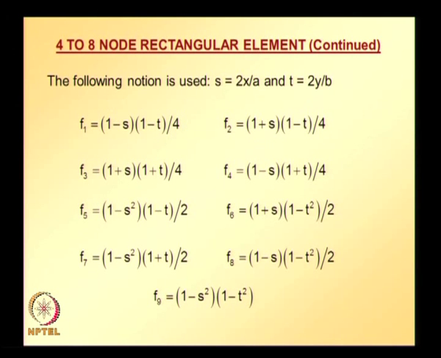The shape function expressions for all nodes of an element having 4 to 9 nodes are expressed in terms of these F's. So this definition of F1 to F9 is very important to read the table.